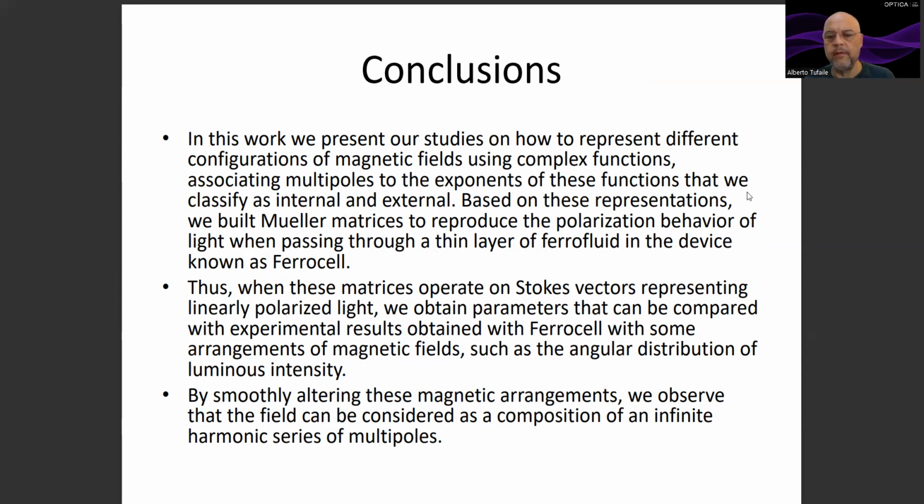Based on these representations, we built Mueller matrices to reproduce the polarization behavior of light when passing through a thin layer of ferrofluid in the device known as the ferrocell. Thus, when these matrices operate on Stokes vectors representing linearly polarized light, we obtained parameters that can be compared with experimental results in our experiment.